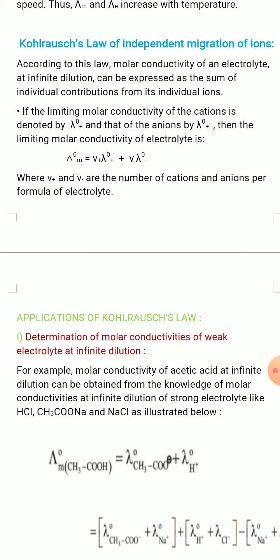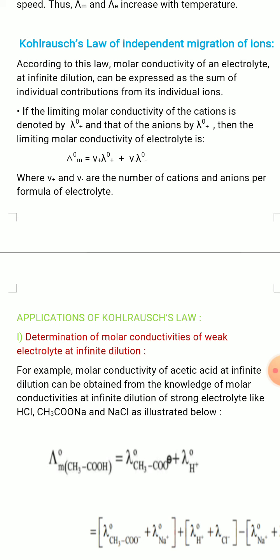So according to Kohlrausch, the main thing is that you can calculate the limiting molar conductivity of a weak electrolyte using Kohlrausch's law. According to this law, the limiting molar conductivity of a weak electrolyte is equal to the sum of the contributions of conductivity from cations and anions.